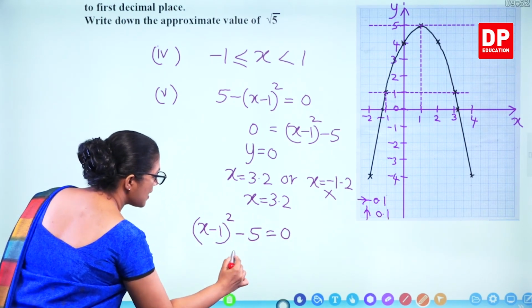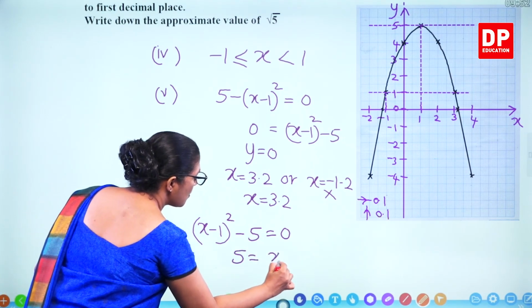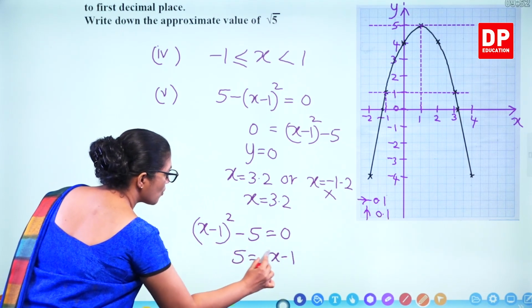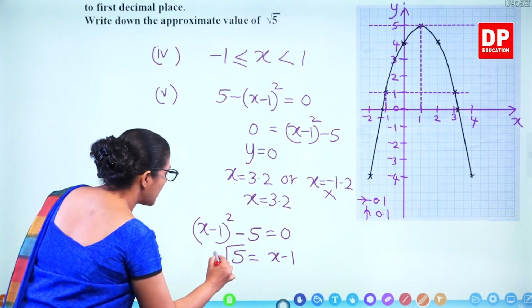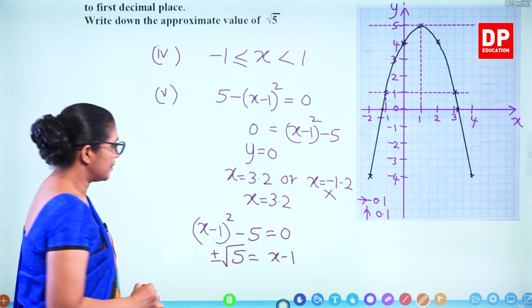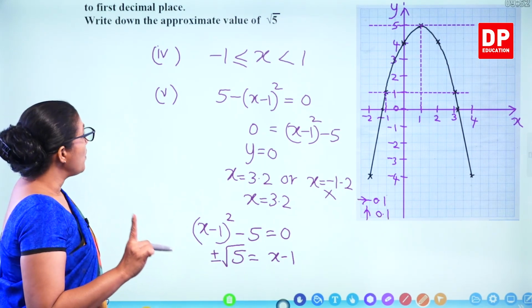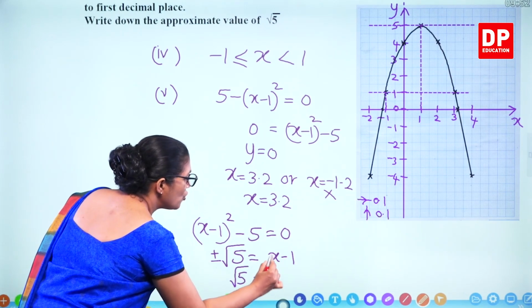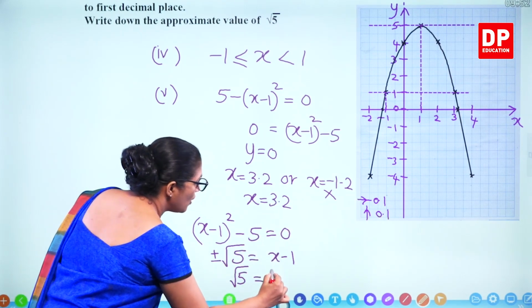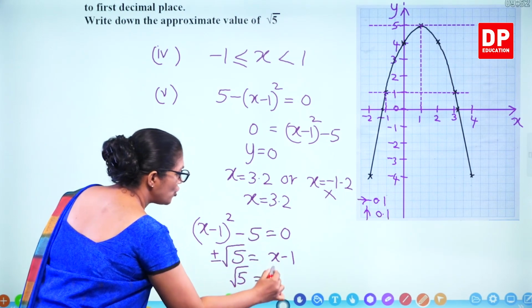Take 5 to the other side. 5 becomes x minus 1 squared. Take the square root. So, this becomes plus or minus. Now, we need only the plus value, the root value. So you take the plus value here. So x becomes 3.2.